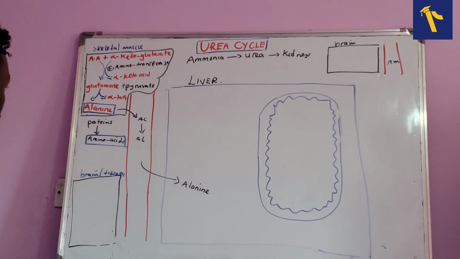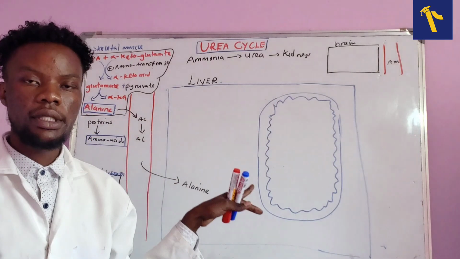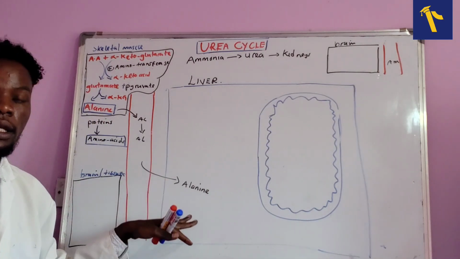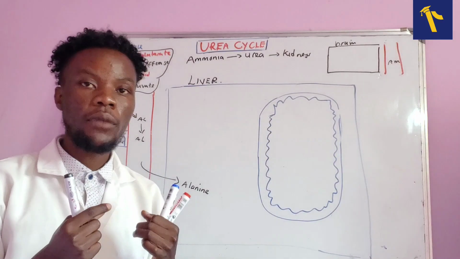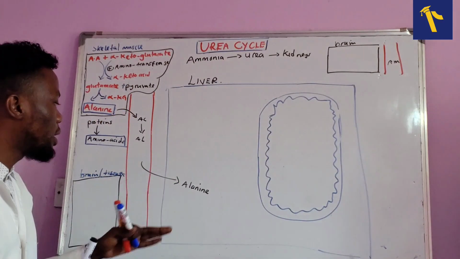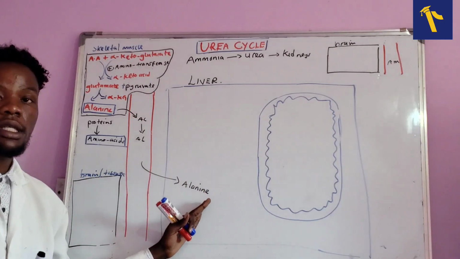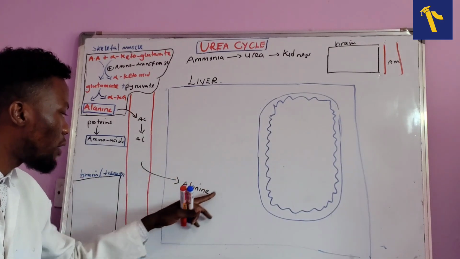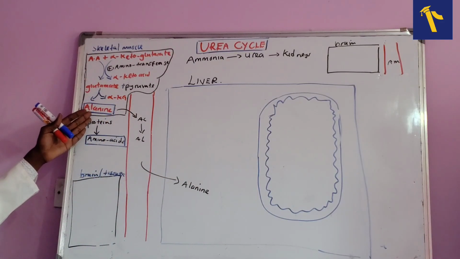Alright, now why am I troubling you talking about all those things whereby we produce alanine? Because alanine is the major product that carries the amino group to the liver through the bloodstream until it reaches the liver. So again, why are we supposed to have this process take place?